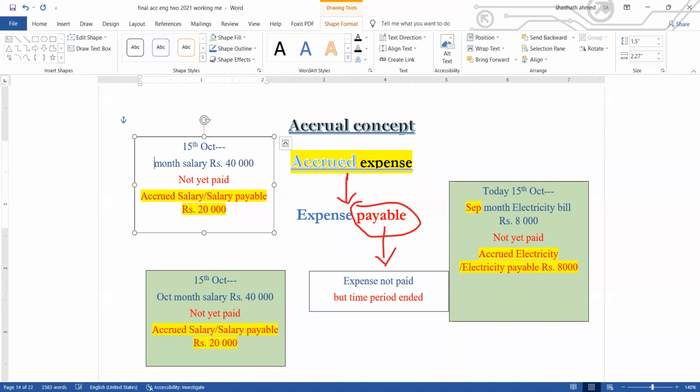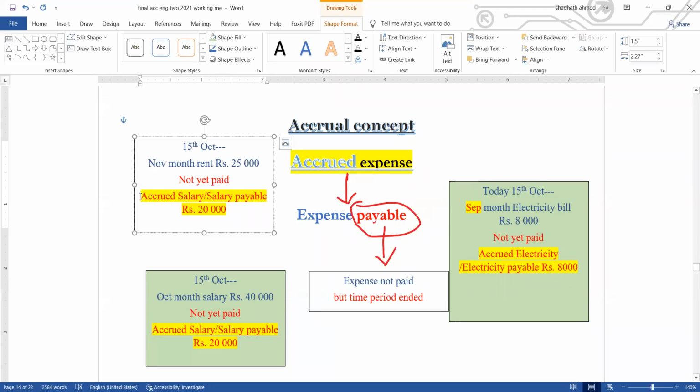Today, 15th October. Now we are living in a place where our monthly rent is rupees 25,000. So November month rent still we didn't pay.